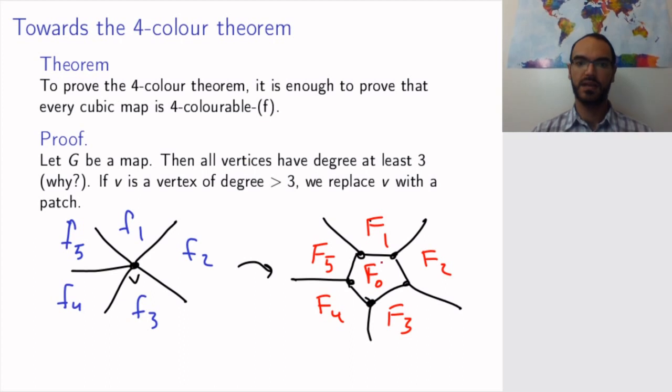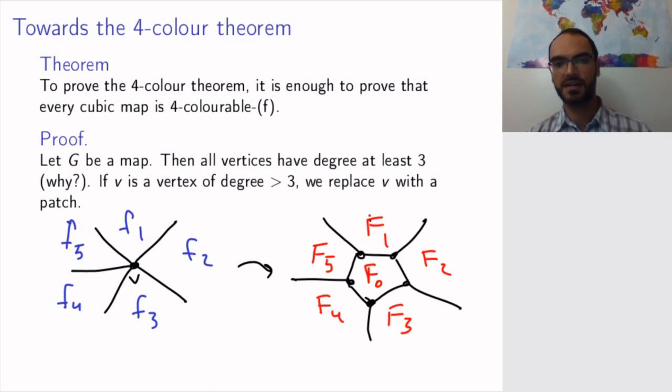Also, the faces F1, F2, and so on are adjacent, share an edge, if and only if the corresponding blue faces share an edge. Again, sharing a vertex doesn't matter. So F1 is not forbidden from having the same color as F3. So I have replaced my map, around this vertex, with a new map with only degree 3 vertices.